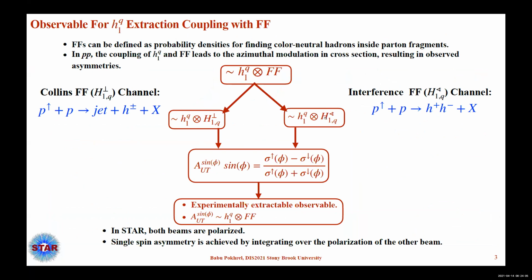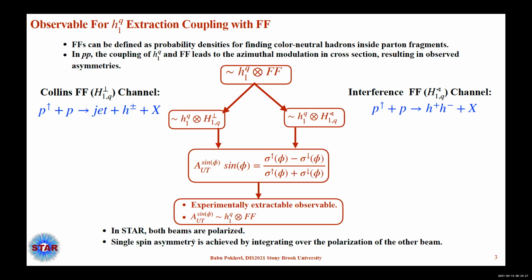Here, the fragmentation function serves as a quark polarimeter. This coupling leads to azimuthal sinusoidal modulations, which we call the single spin asymmetry, which is experimentally extractable and provides sensitivity to the quark transversity coupled with the fragmentation function.